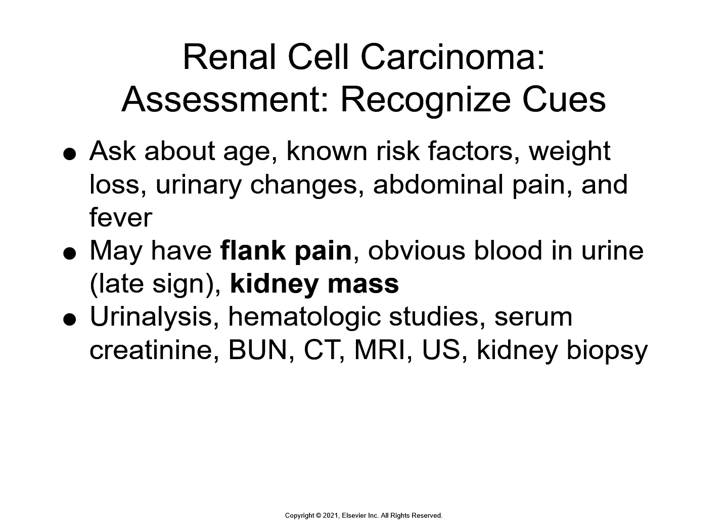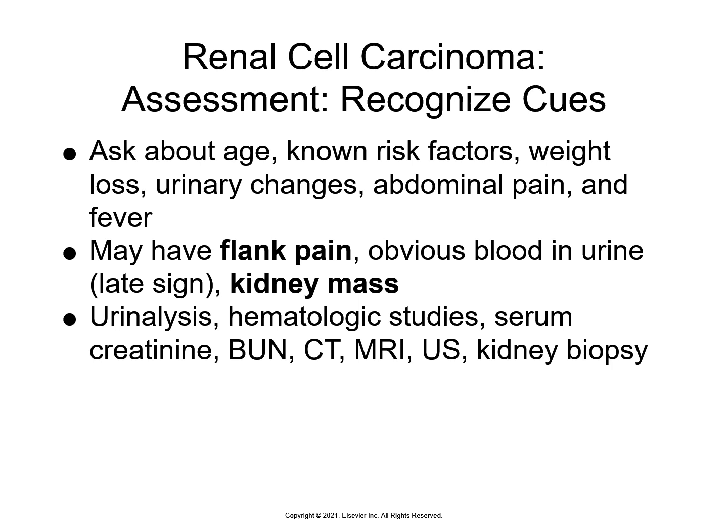You want to get their history. What are their risk factors? Did they have weight loss? Do they have urinary changes, pain, fever? They may very well have flank pain, and they may have blood in the urine. However, that is a late sign.